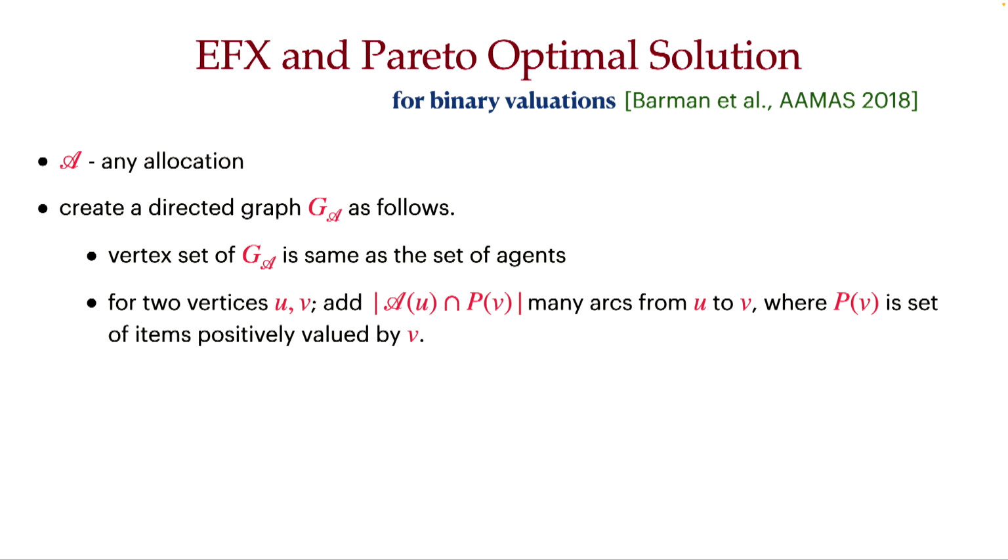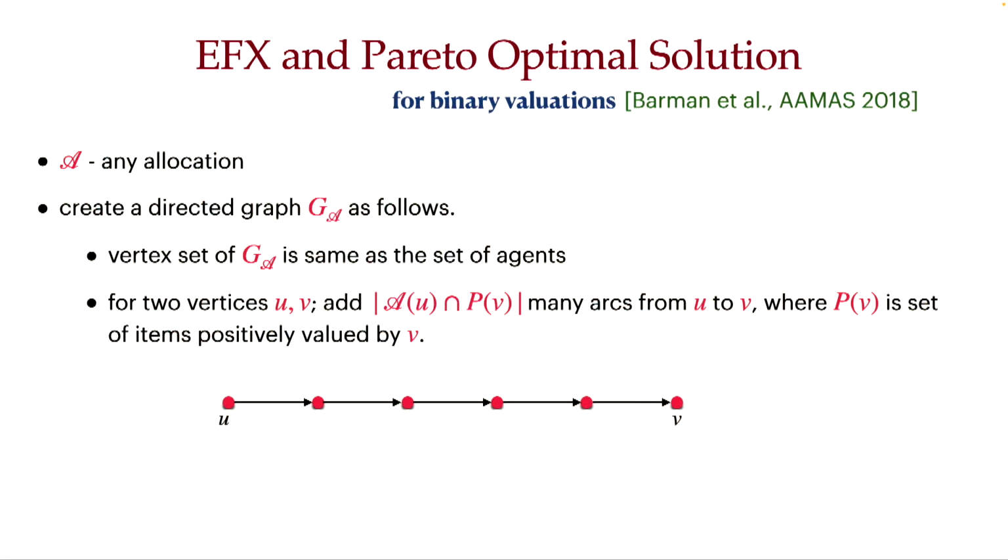Now how do we reallocate here? Whatever U has in intersection with what V positively values, those many arcs you make between U and V. Right. So A_U is the bundle assigned to agent U under A. In that particular allocation, how many goods are positively valued by V?